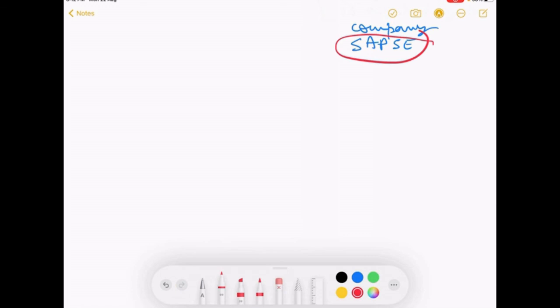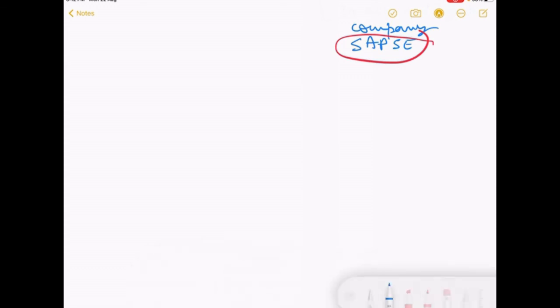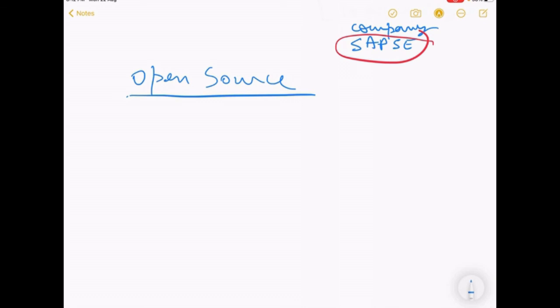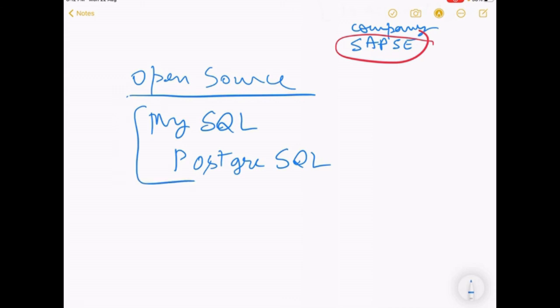Now there are two very popular open source database management systems. One is MySQL, the other is PostgreSQL. They are open source, and MySQL is very popular.